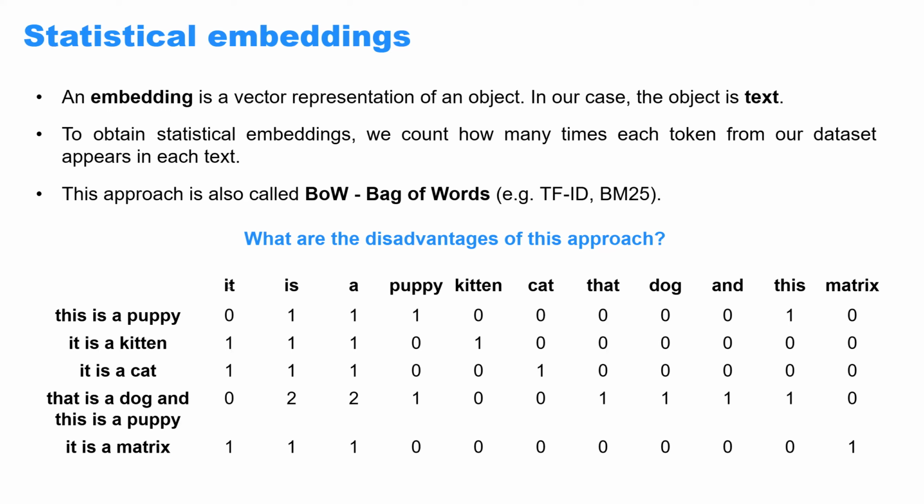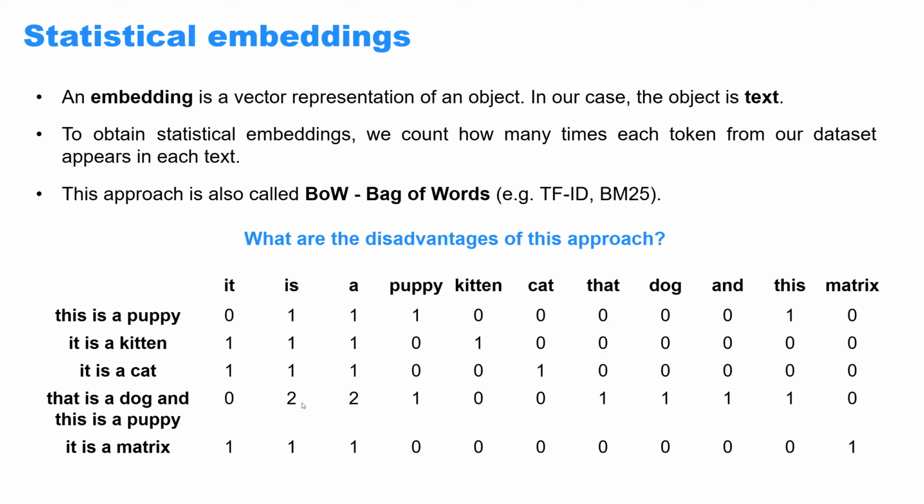In this small set of texts, we have 11 tokens. And then we just count how many times each token occurs in our text. So for this puppy it is one, a is one, puppy one, and this one. In the text with this dog and this puppy, we can see there are two, so it equals two.